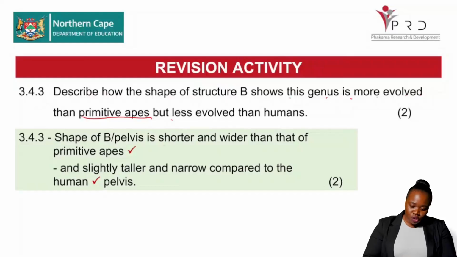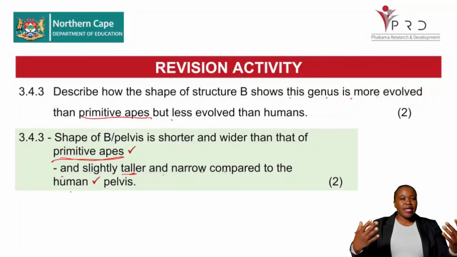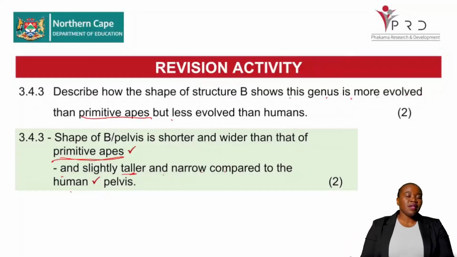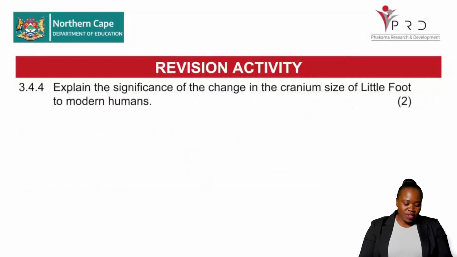So shape B is shorter and wider than that of primitive apes, but it is slightly taller and narrower compared to that of humans. So it does not give the exact shape of the pelvis of humans, but it is also not the shape of the primitive apes. So like I said, it is that fossil that is found in between.